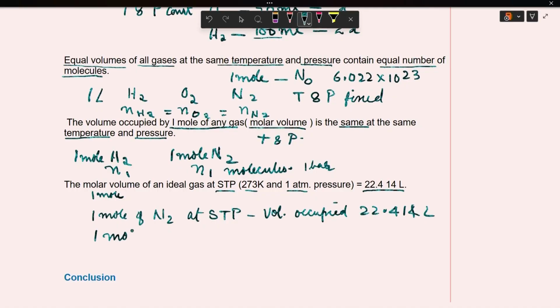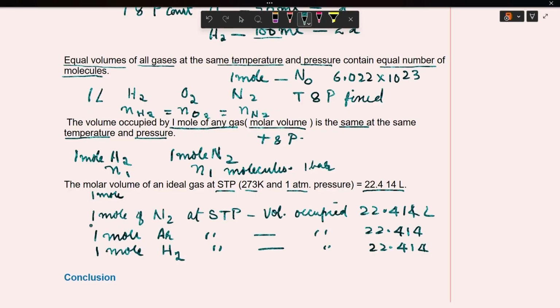I can change the gas, let it be 1 mole of argon at STP, again the volume occupied will be 22.414. I am taking 1 mole of hydrogen at STP, again the volume occupied by 1 mole will be 22.414. It is a very beautiful consequence from Avogadro's law, and this 1 mole means mass by molecular mass.